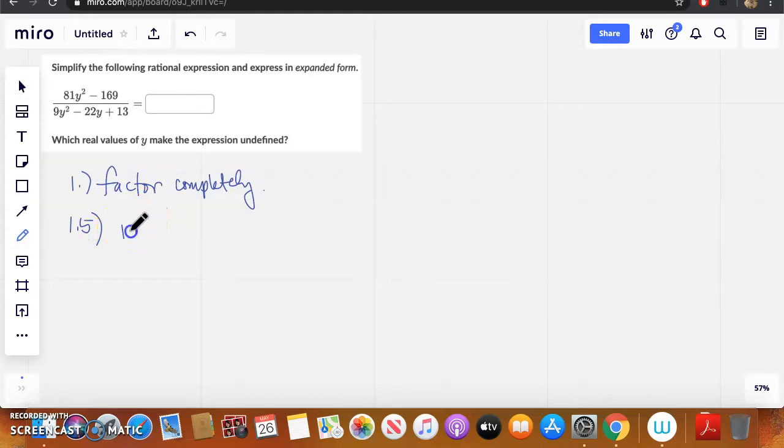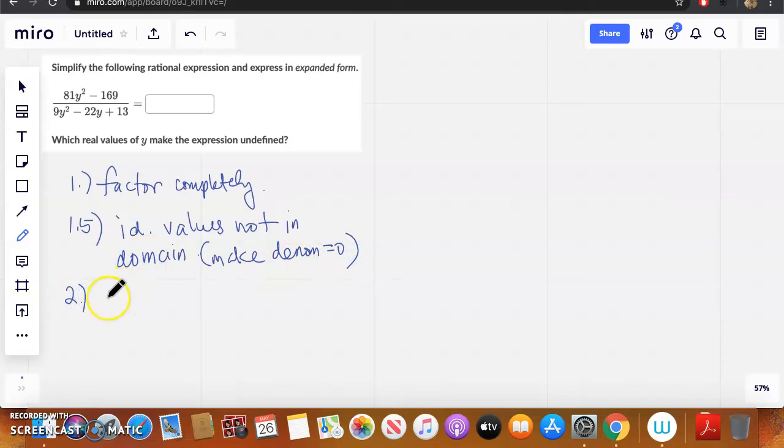It is to identify values not in the domain, in other words, values that make the denominator equal 0. And then step 2 is to cancel like factors in the top and bottom. Okay, so let's do it.